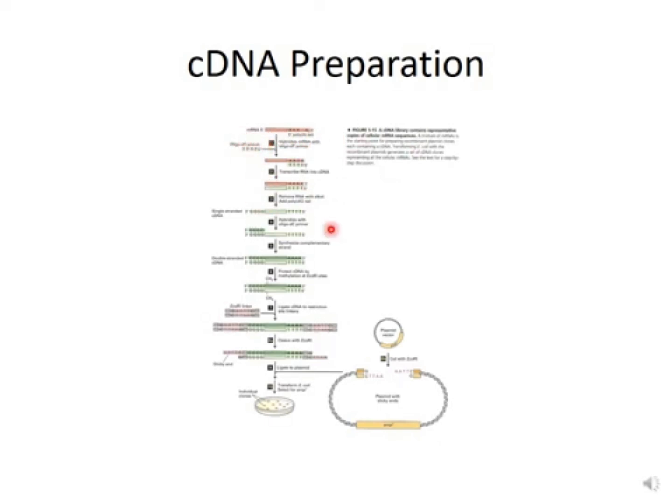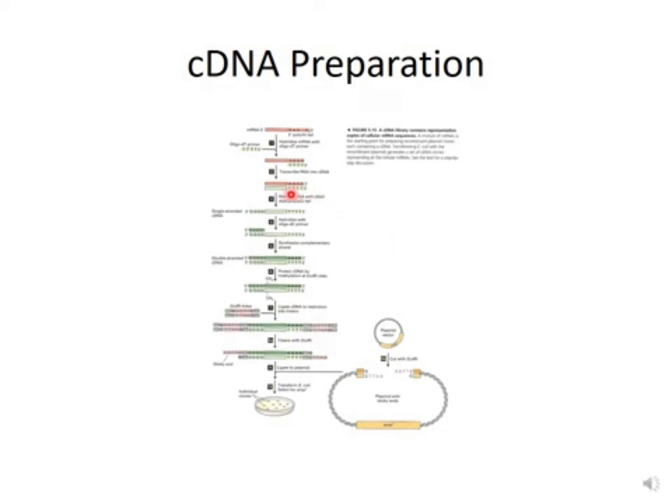This dT primer is going to adhere to the poly A tail through simple base pairing. And then here we add the enzyme reverse transcriptase that transcribes the RNA into a cDNA, or complementary DNA, sequence. So we have now a hybrid RNA-DNA double strand.